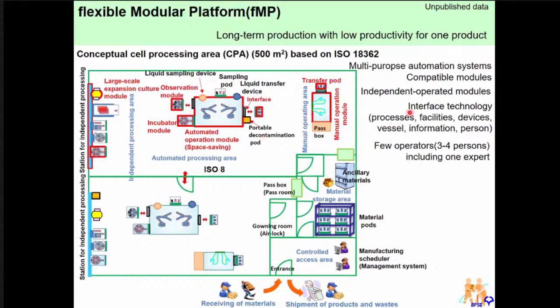So to connect each other, interface technology was developed, and many fewer operators are needed. That's much better. That means few operators in this area. We are thinking about 3 or 4 persons, including one expert. So that's our idea.